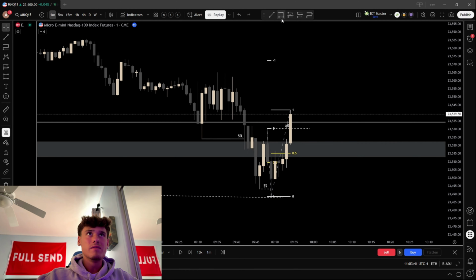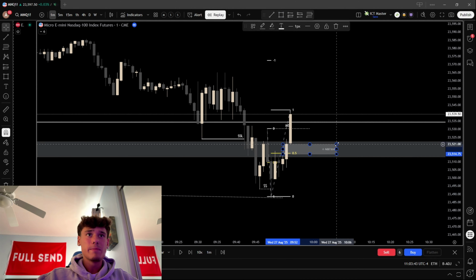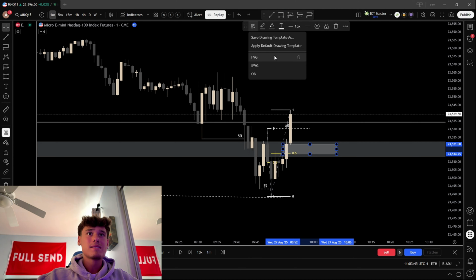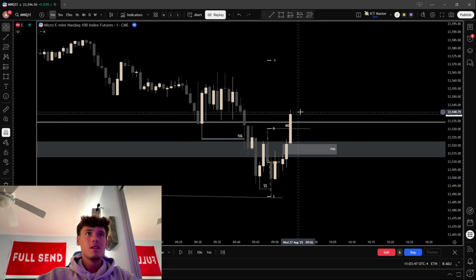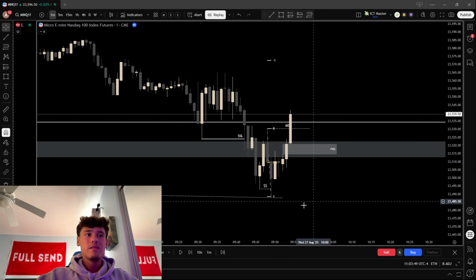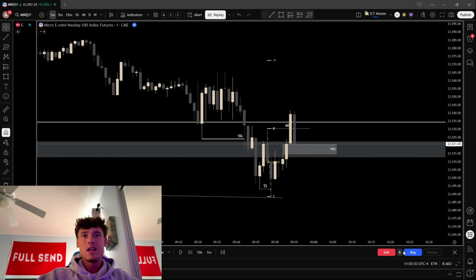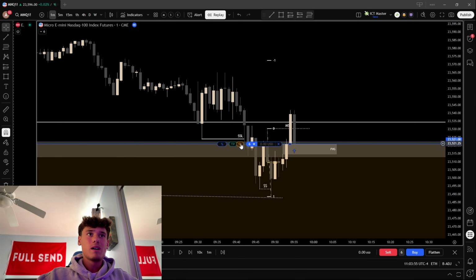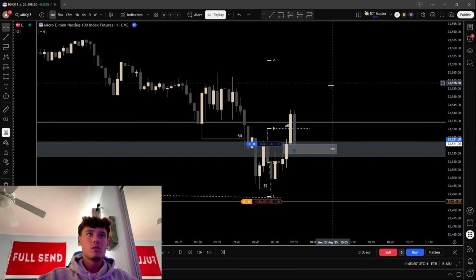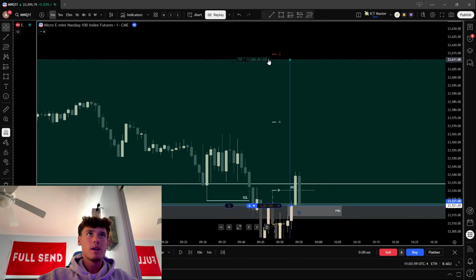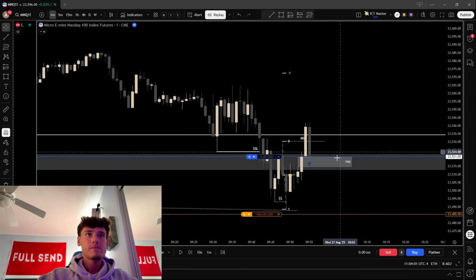The 0.5. And where is that 0.5? That 0.5 is right at this fair value gap. So 0.5 fib. Now let's wait. Bang. That's our entry. Take our buys, stop right below the lows, take profit right at that -2.